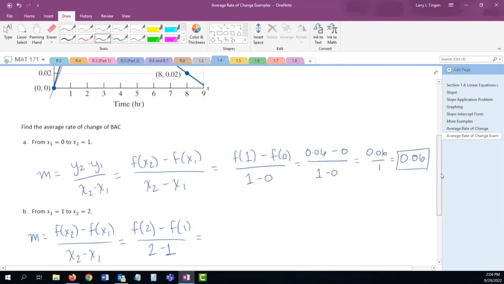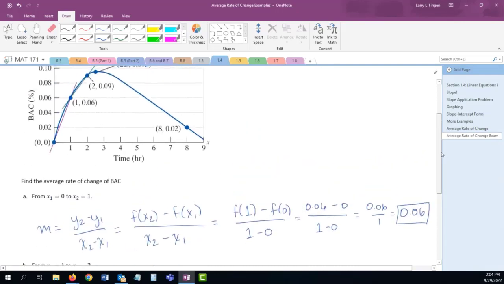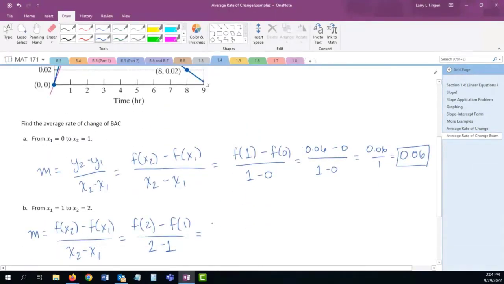F at 2 is 0.09 minus f at 1. Well, I know that from the last one was 0.06 over 2 minus 1. 0.09 minus 0.06 is 0.03. 2 minus 1 is 1, and I have found my blood alcohol content, or my slope, to be 0.03.